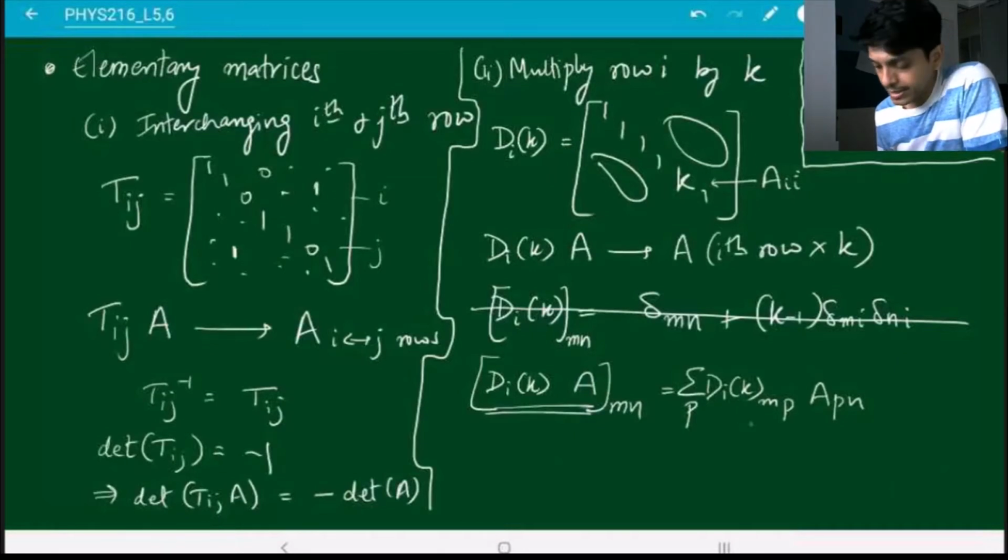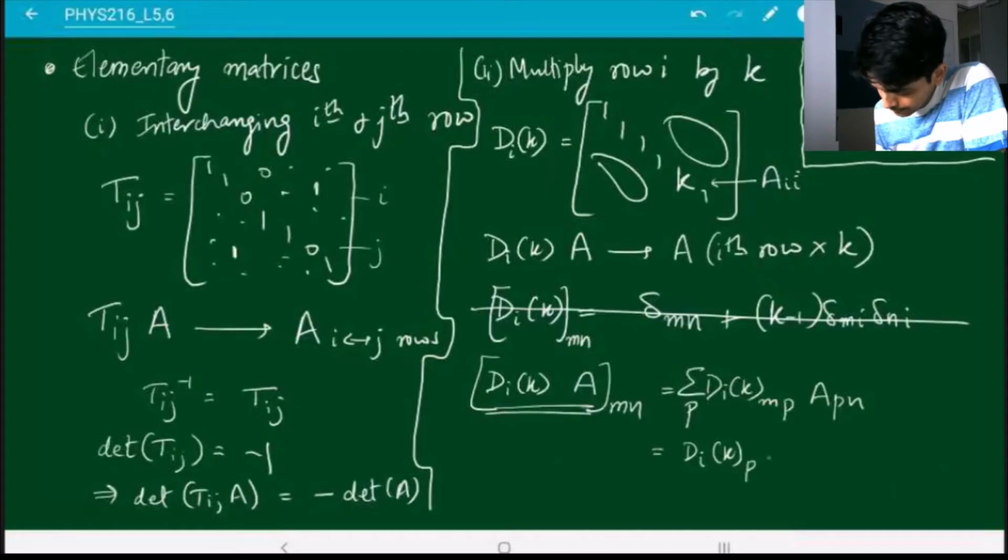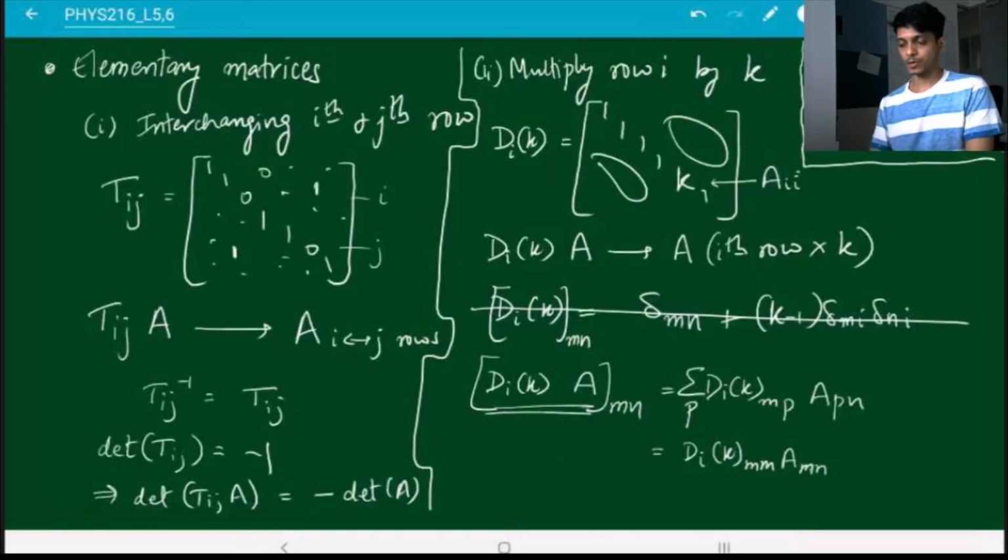But because D_i(k) is a diagonal matrix, m and p always have to be equal. There's no other way out. So this is just D_i(k) pp A_pn, or why don't I write it in terms of m, because there's m on the left hand side. So p has become equal to m.